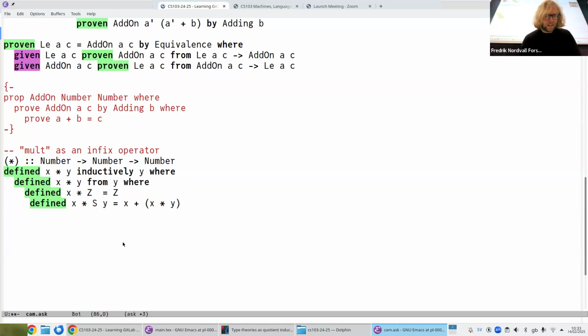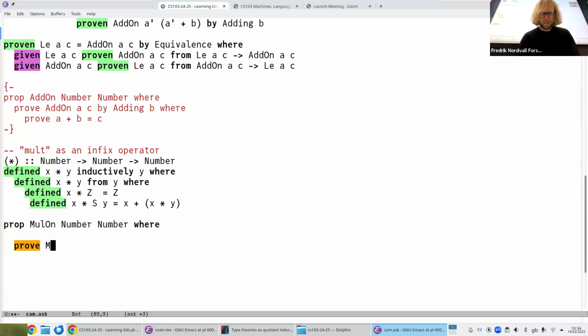Okay, so let's follow this recipe and define a new proposition called malon, which is a proposition relating to numbers. So I'm saying this is the name of it, this is the type, it takes two numbers. And then I have to say, what does it mean to prove this proposition?